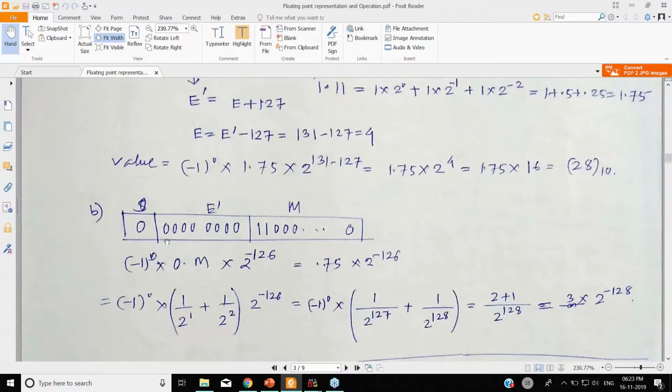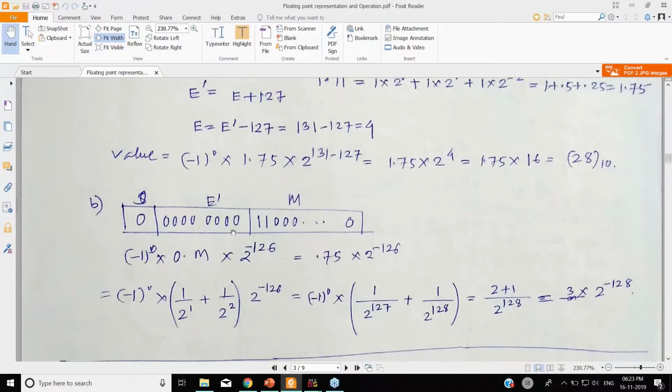When you see all the exponent bits 0, by default you put your exponent as minus 126 because the exponent is not provided here. So this will be a denormal number and hence the exponent is minus 126.